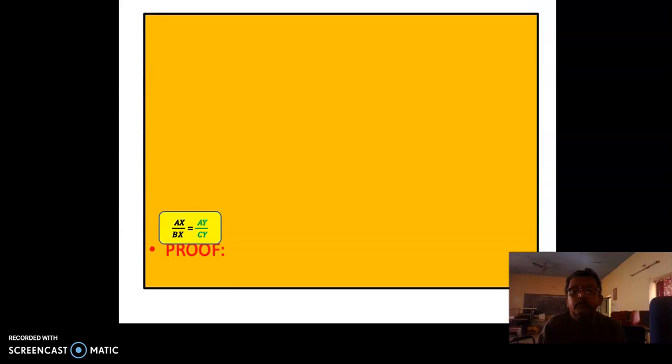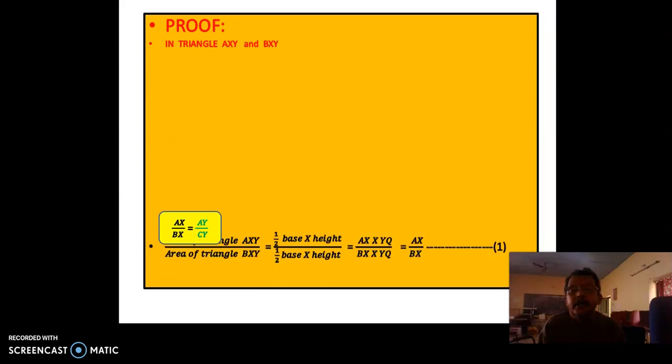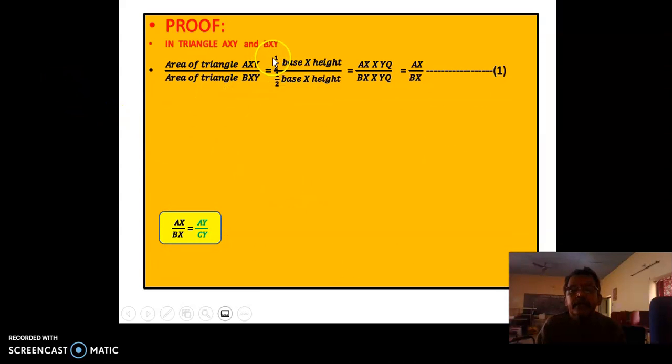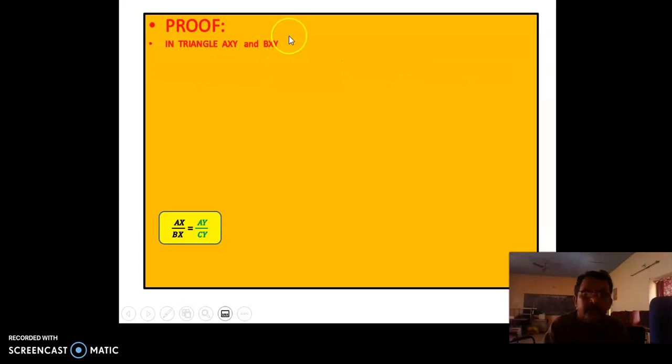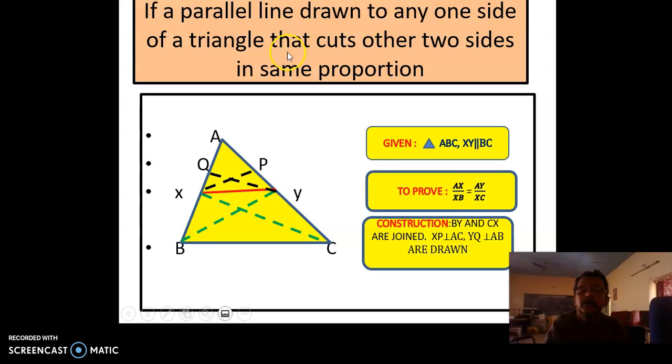So next, proof. First, compare the area of triangle AXY and triangle BXY. You know that area of the triangle is half base into height. Half cancels. Here base is AX, here BX. So the height is QY for both.